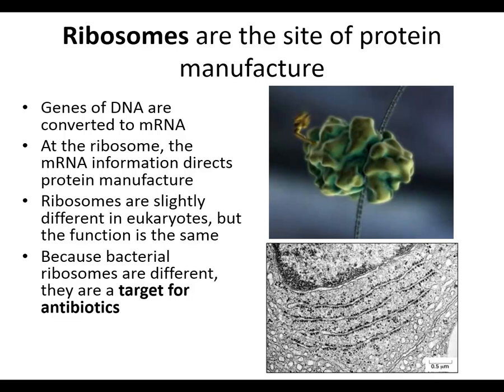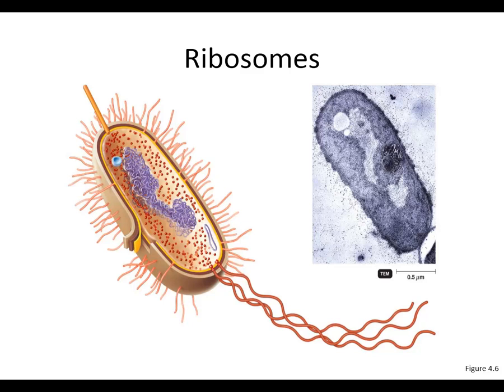Ribosomes are slightly different in eukaryotes, but the function is the same. Because bacterial ribosomes are different, they can be a target for antibiotics. And we'll talk about that later on.